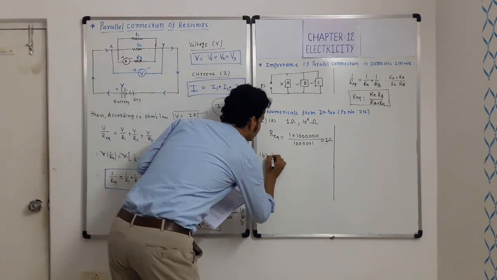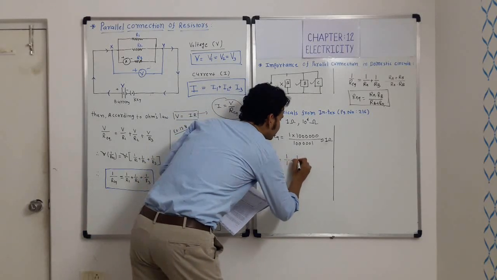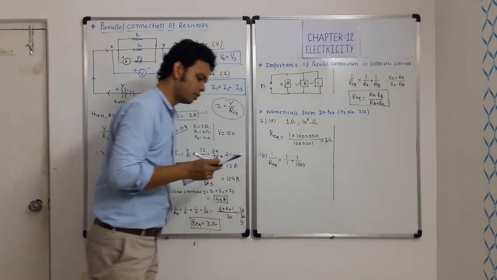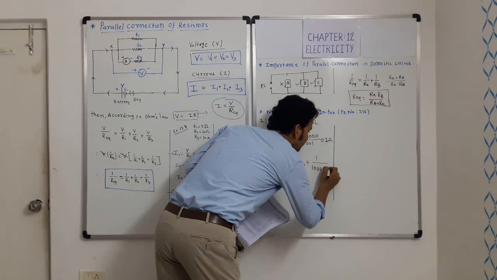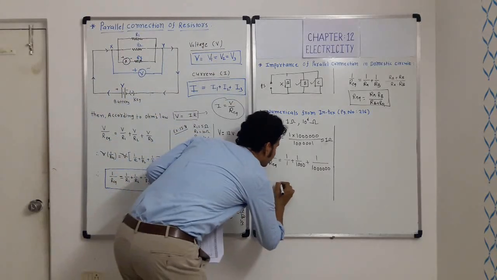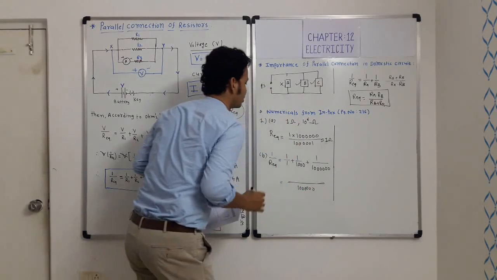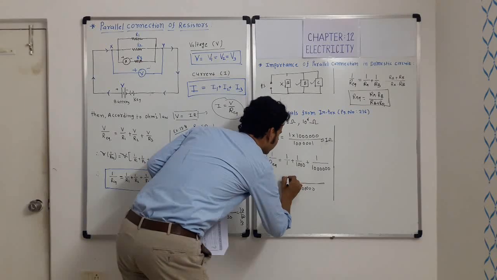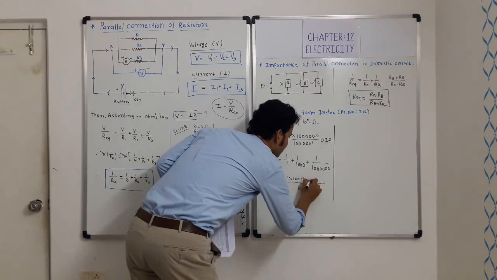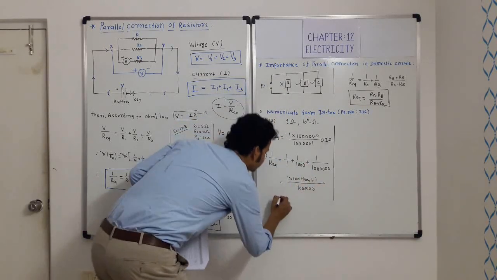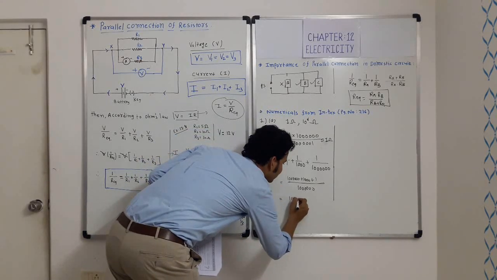Okay, so 1 upon R equivalent is equal to 1 upon 1 plus 1 upon 10 to the power 3, plus 1 upon 10 to the power 6, and I have to find equivalent resistance. So let me take the LCM.